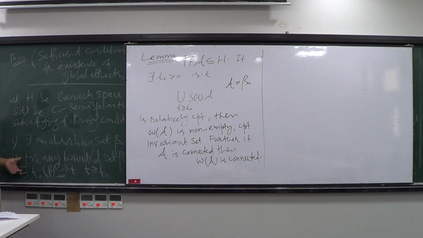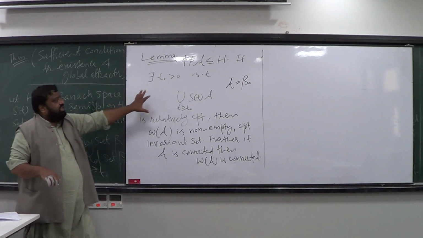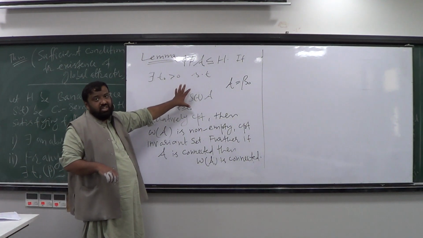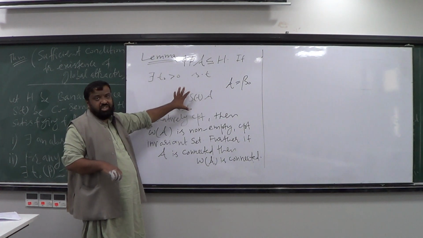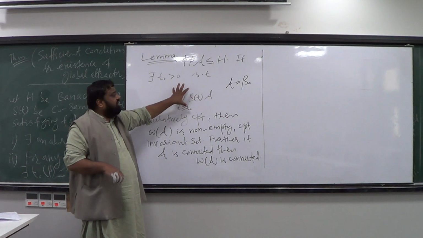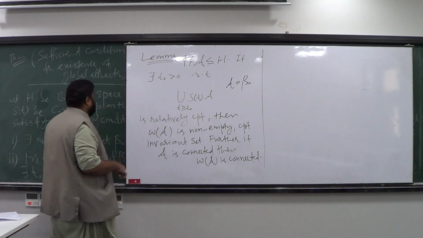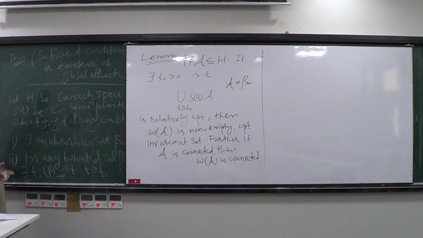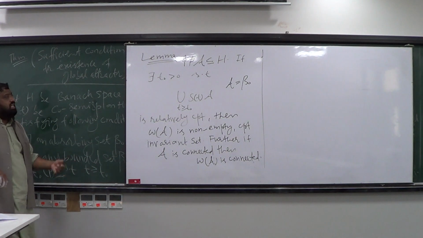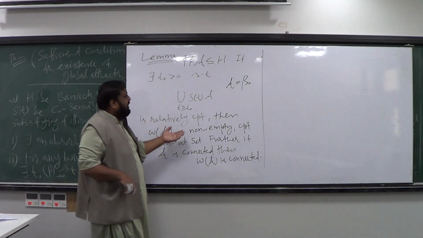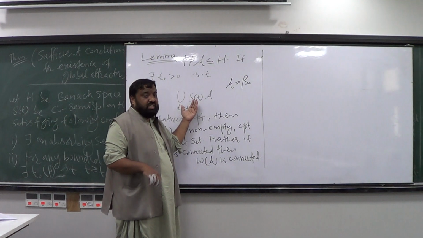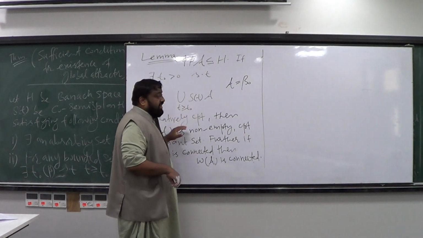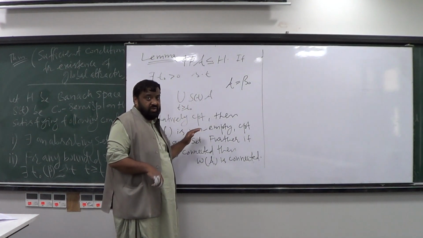Now the second condition is essentially this condition, that this condition is true for the bounded set. If the condition is true, what is condition two telling? That for a bounded set B, there exists an instant T naught such that S of T operated onto those bounded sets is relatively compact actually. Okay?